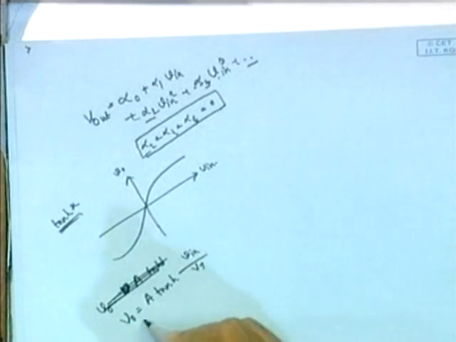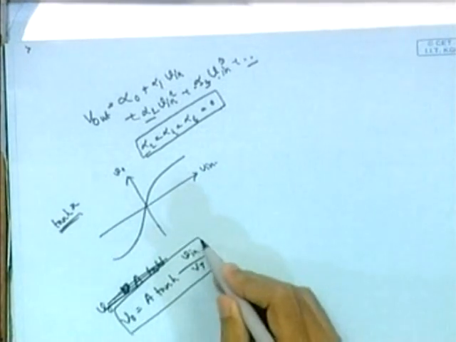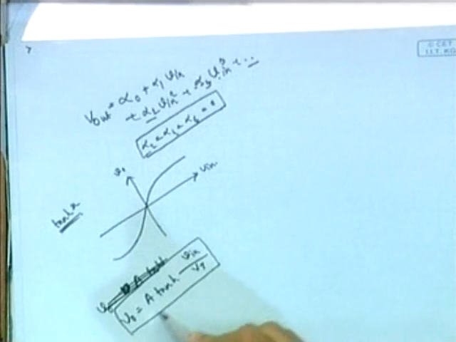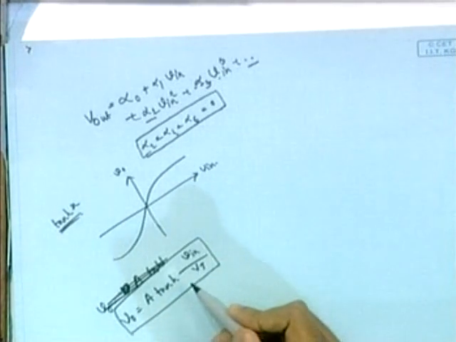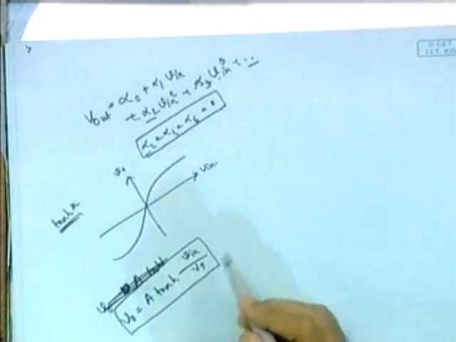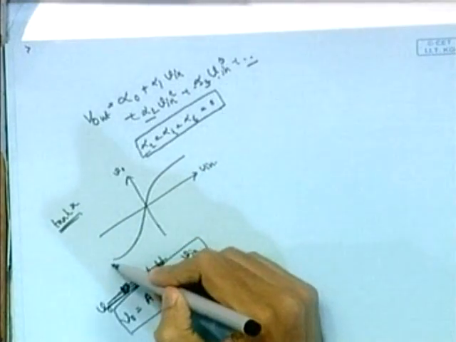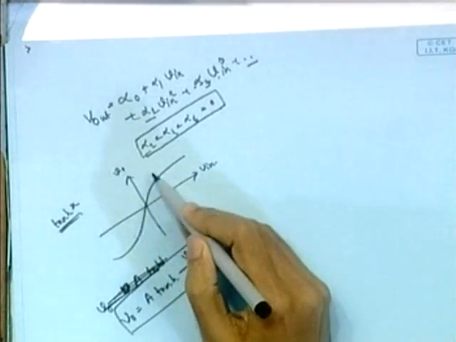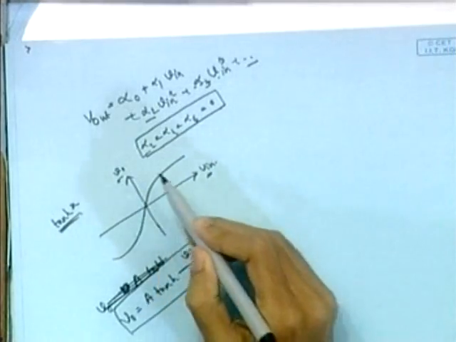So for BJT this is true, and even for CMOS, though we don't have exactly this tan hyperbolic behavior for MOSFETs, we have basically this kind of wave shape between input and output.